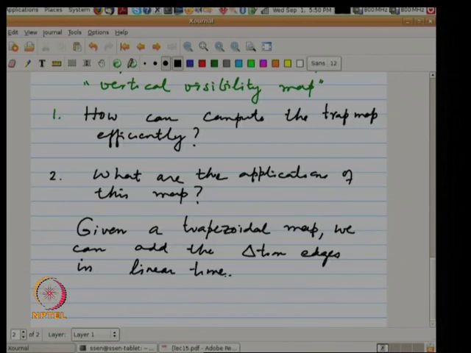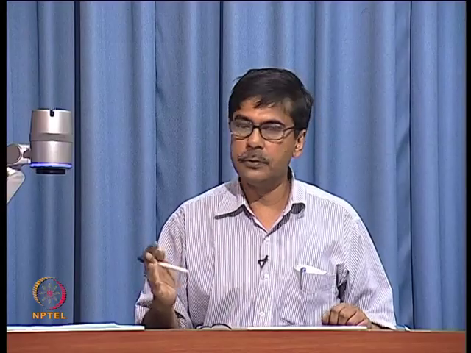Right. One piece of information will be necessary: whenever we are adding these edges and drawing the vertical lines, what is the inside and outside of the polygon. So, with every edge, we should know which is the inside and which is the outside. I am not saying that we have to compute it, but that information will be required when we do all these things. So, the vertical visibility map should be consistent with the inside and outside of the polygon.